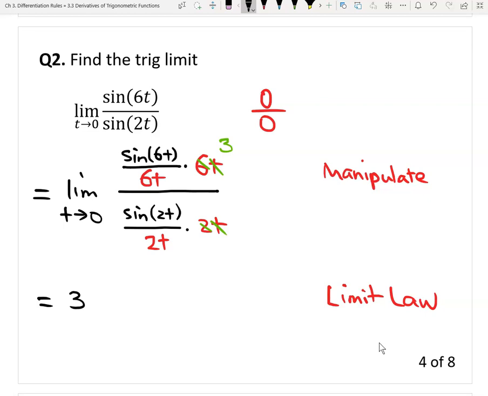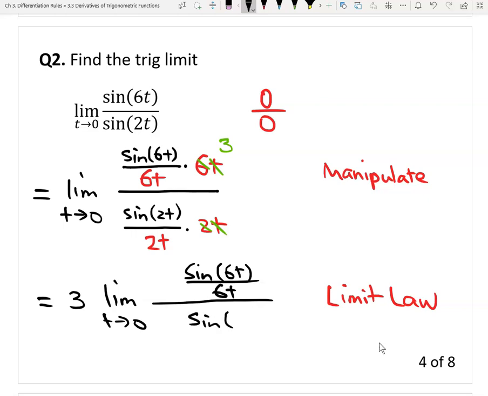So 3 goes here. And now what do we have? We have a big limit: sine 6t over 6t, over sine 2t over 2t.